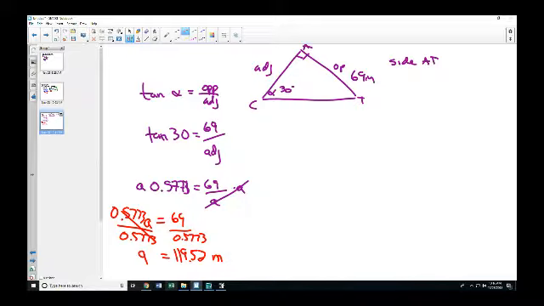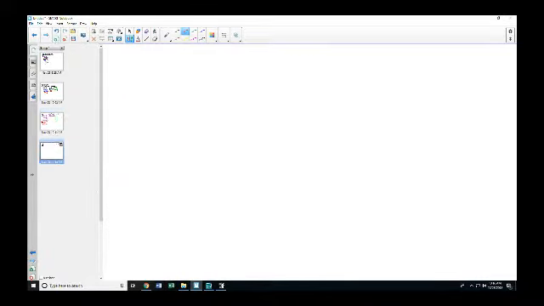Okay, there are three other trig functions that you've probably never heard of. Secant, cosecant, and cotangent. Have you heard of those? They're not the opposite. They are the reciprocals.